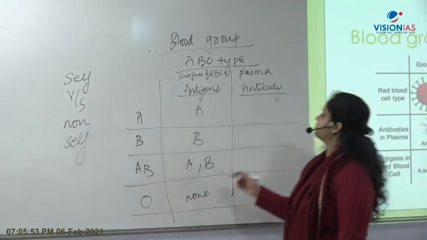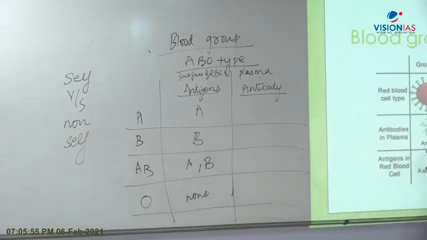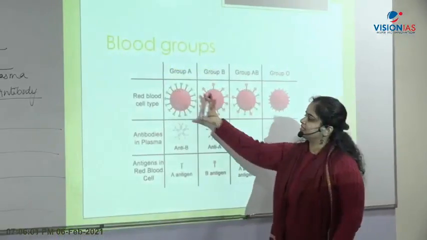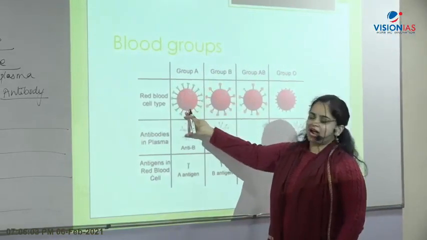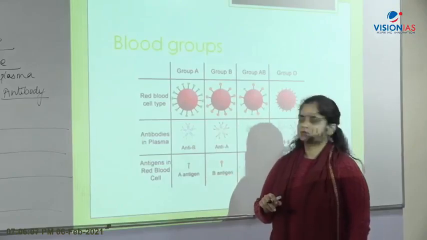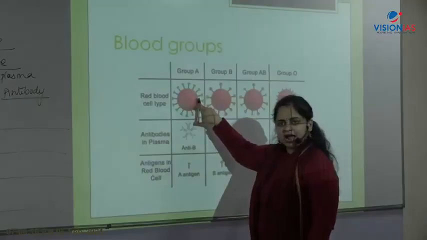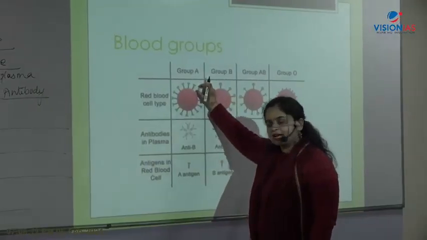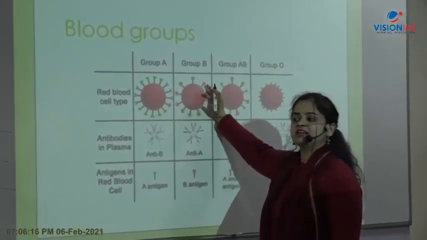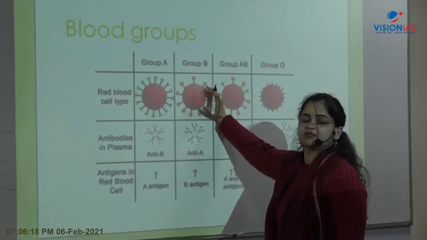Now see these pictures of red blood cells. You can see these red blood cells, and on the surface of these red blood cells antigens are present. So A blood group has one particular type of antigen, called antigen A. B has a different type of antigen, a different shape, different structure.